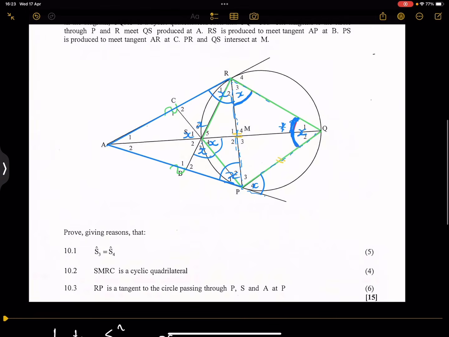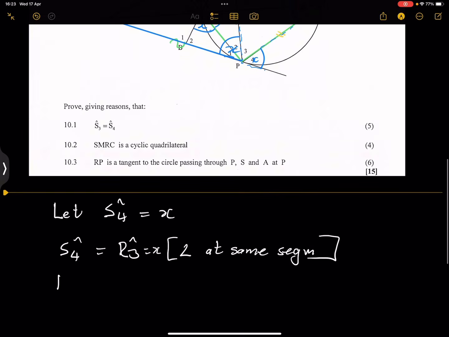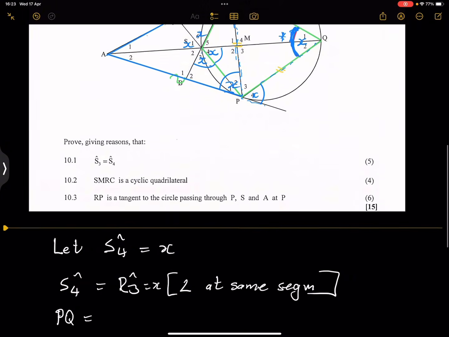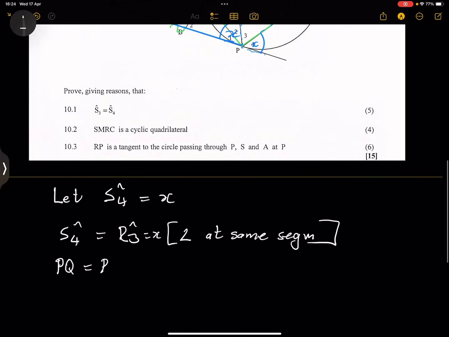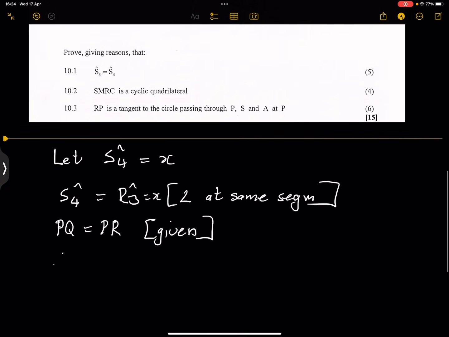And then we said R3, right? Because PR is equal to PQ, given. So PQ is equal to PR. This was given to us. And so therefore, triangle PQR is isosceles, right? That's an isosceles triangle, right?